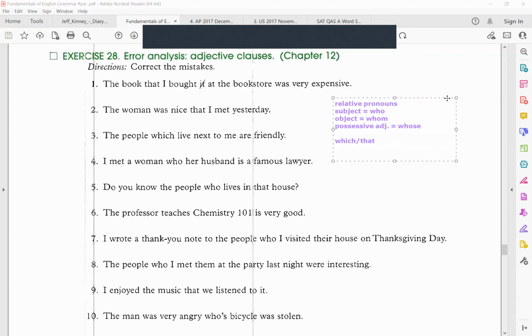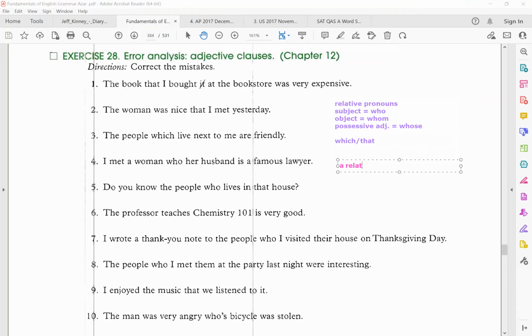Also, one important thing to note is that a relative pronoun has to be either the subject or the object of the verb, or the object of the preposition in our adjective clause.